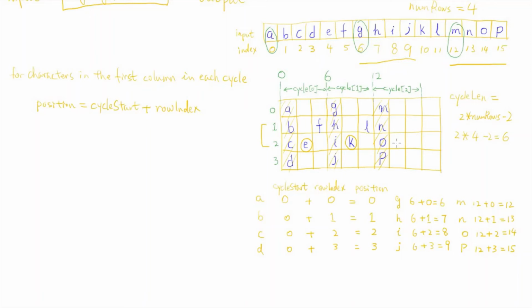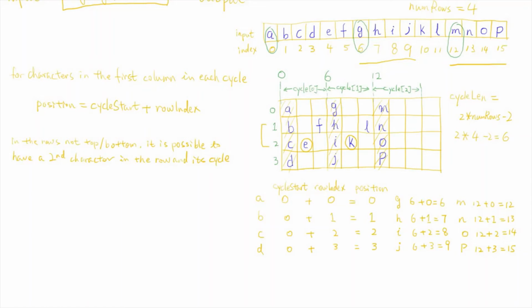And in the cycle that starts at 12, there's no character because our input string ends with P.